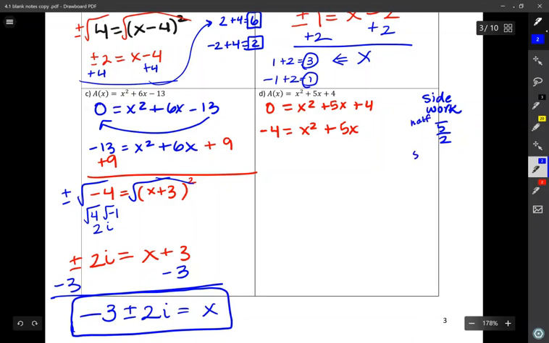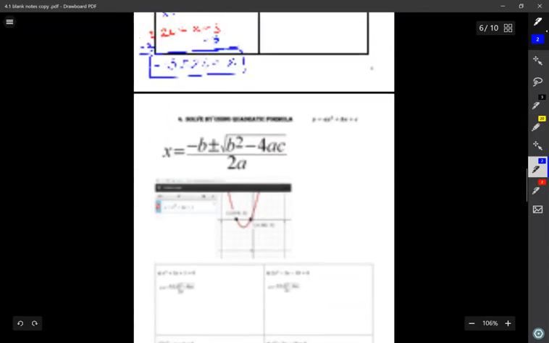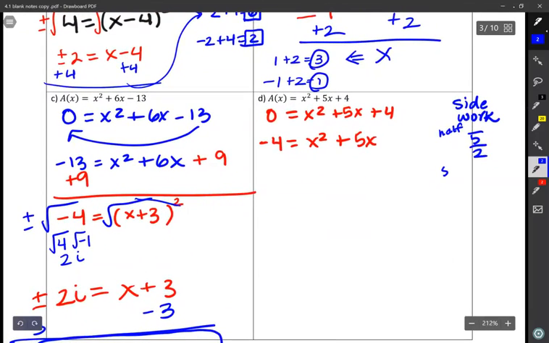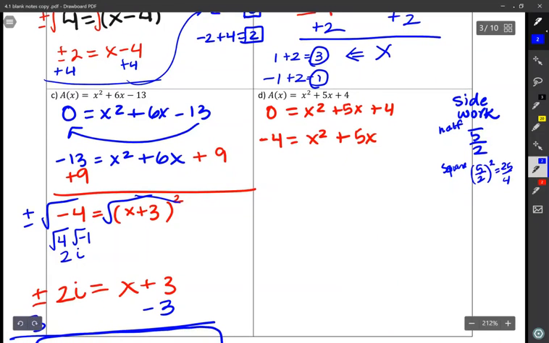And then when you square it, that becomes 25 over 4. Whatever you do to one side, you do to the other side.